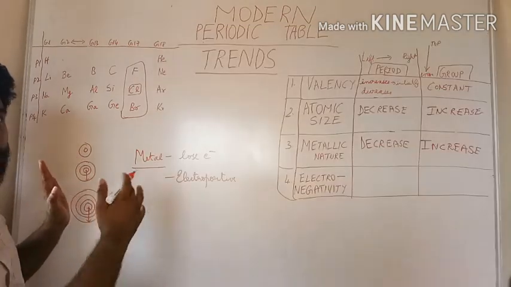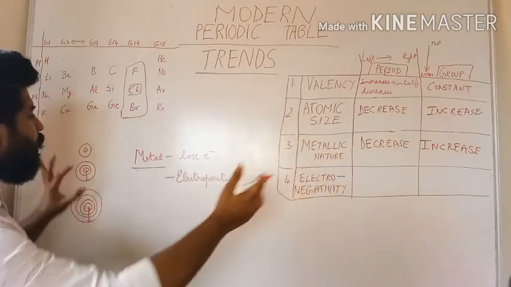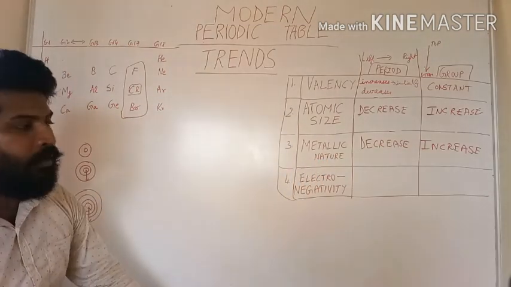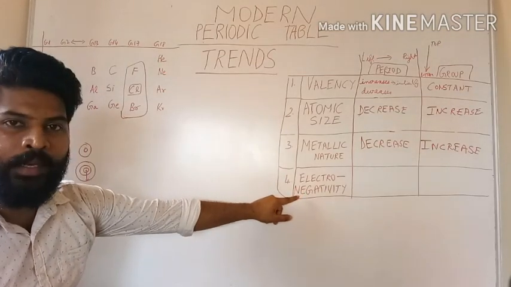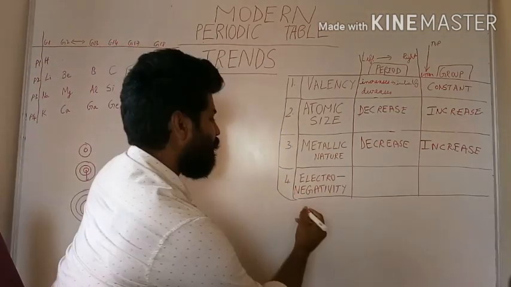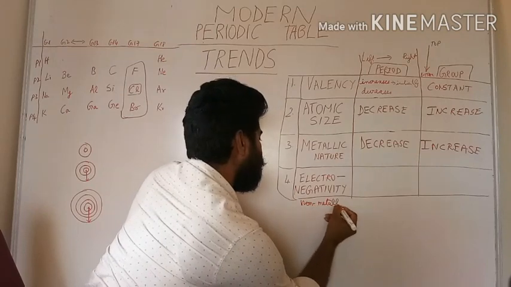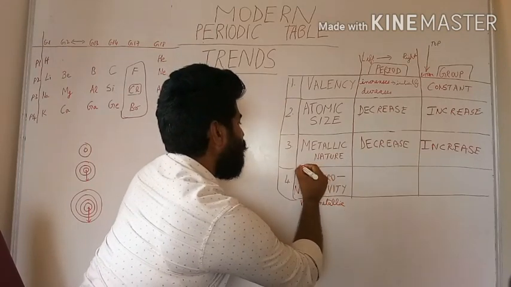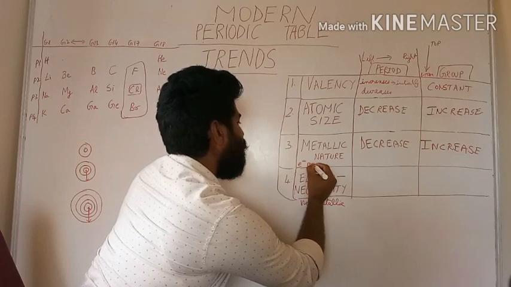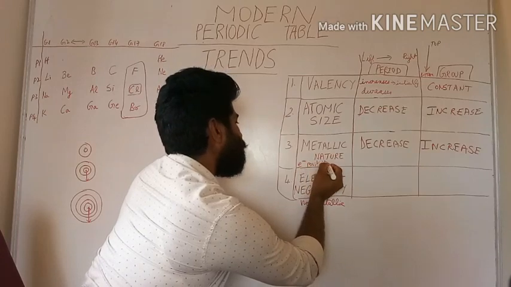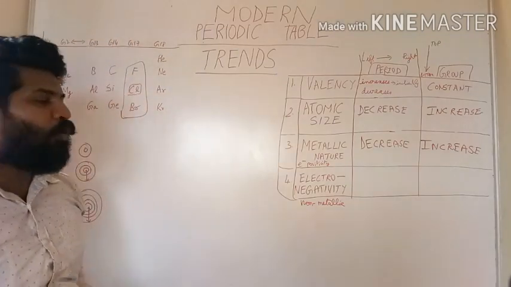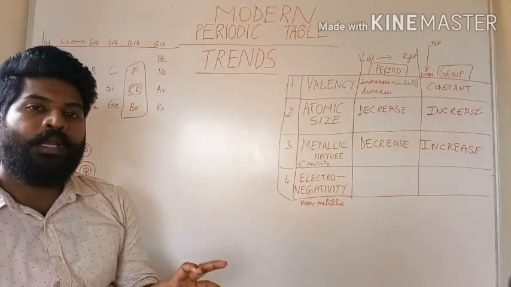In spite of them being on the right side of the periodic table, the last property, electronegativity, in simple terms is nothing but non-metallic property. This is the opposite of electropositivity. What is electronegativity? When does an atom become negative?